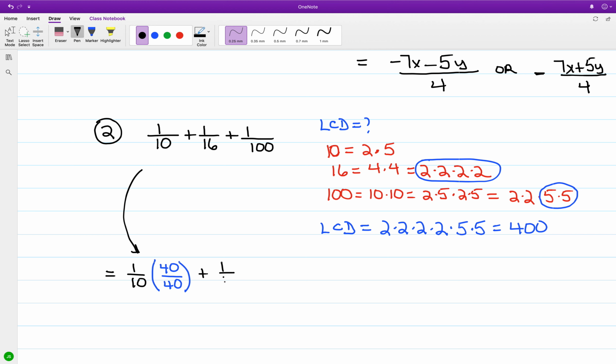Now we have 1/16. 16 into 400 is going to be 25. And for 1 over 100, it goes into 400 4 times.